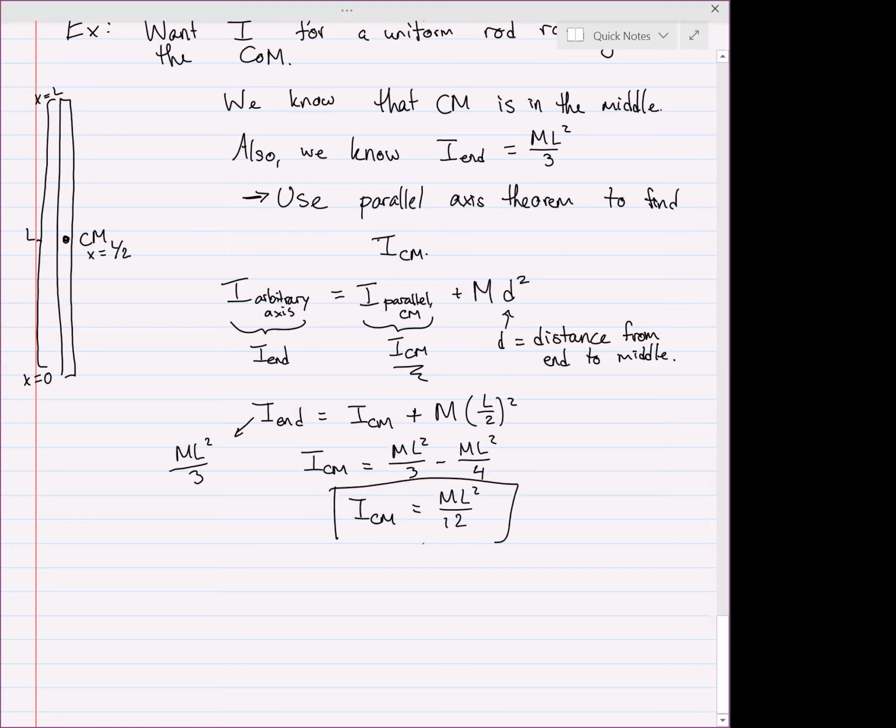Just like how I said the moment of inertia about one end of a uniform rod is mL squared over 3, this is the moment of inertia of a uniform rod about its center. You'll see this formula pop up a lot, because it's a fairly common thing. Imagine spinning a baton: if you're holding it at the center, this is the moment of inertia it would have about that axis.